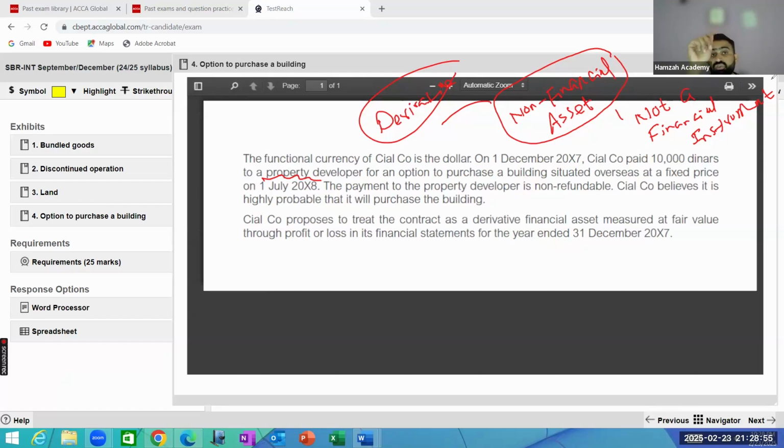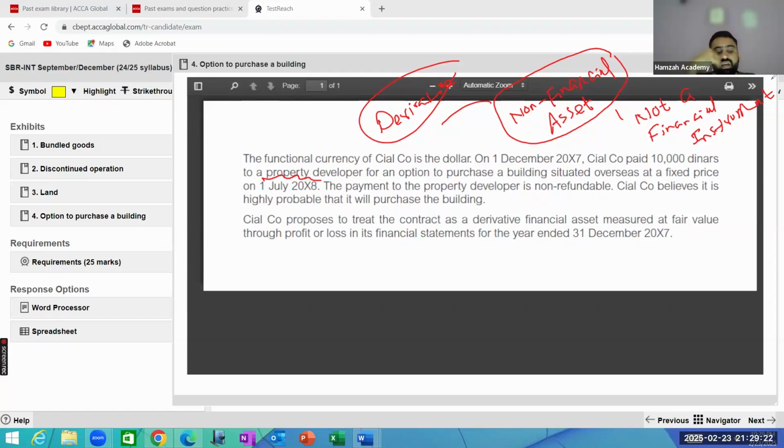If your intention is not to settle that derivative contract on a non-financial asset on a net basis, on a gain or loss basis, but instead the intention is to take physical delivery, meaning in this case you have an intention to purchase the property, then that derivative contract is not under the scope of IFRS 9.